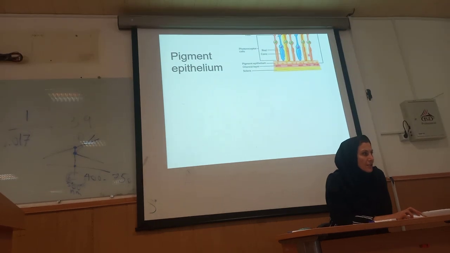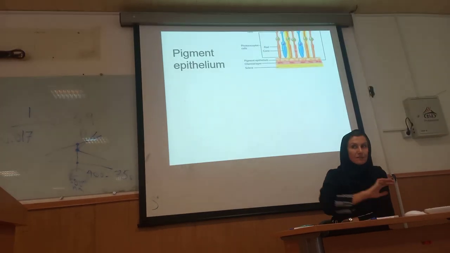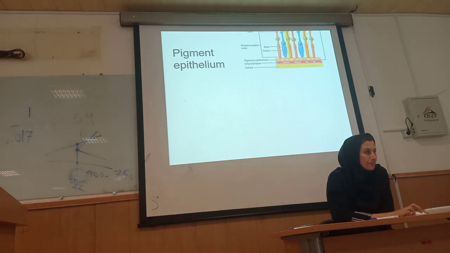So, pay attention to this. This is the outer segment of the photoreceptors, placed near the choroid layer. Pay attention to this layer, the pigment epithelium. Some books say it belongs to the choroid layer, and some say it belongs to the retina, but it makes no difference.